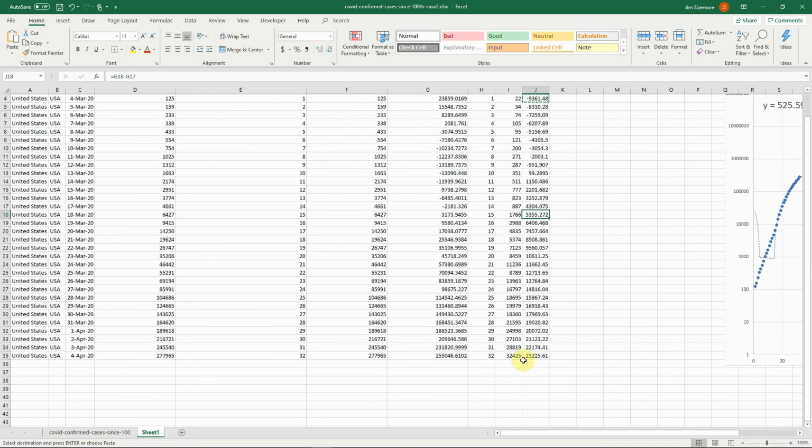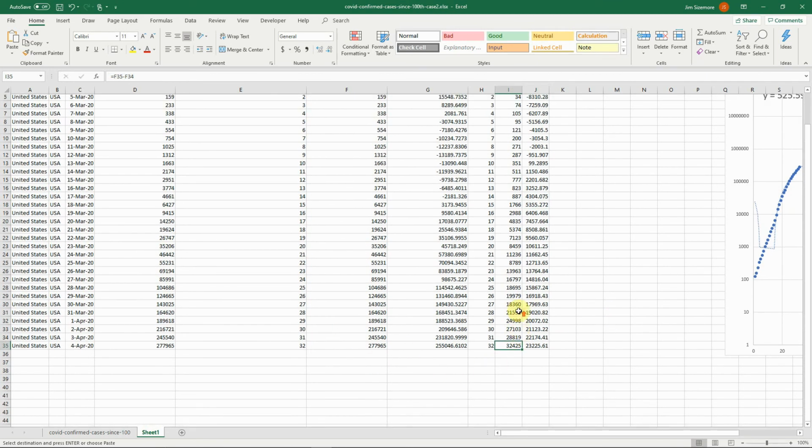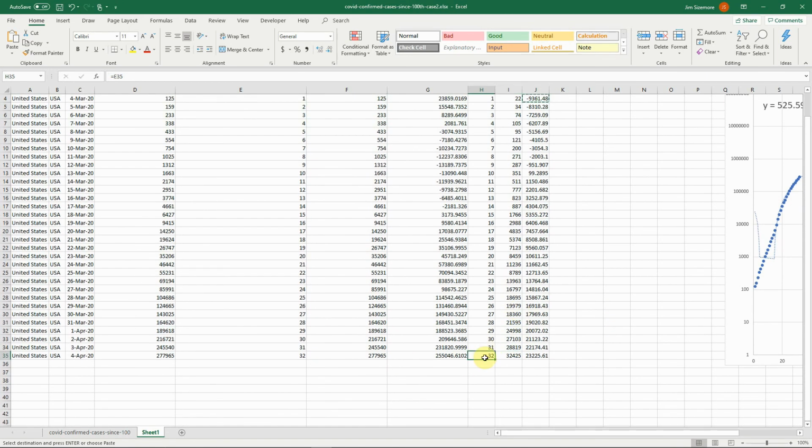Now, we won't have any data for this until tomorrow, but we can have data for this. And oops. I just want to do 33. I'm going to use the autofill feature of Excel.